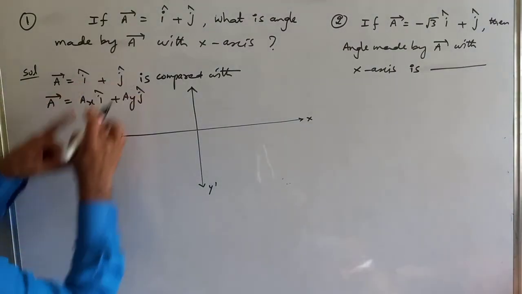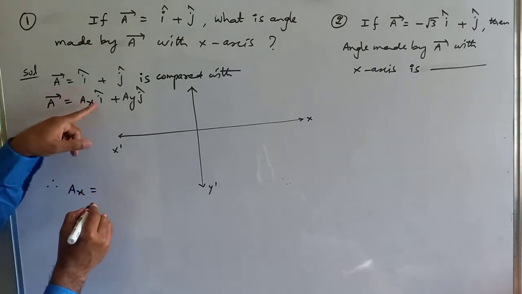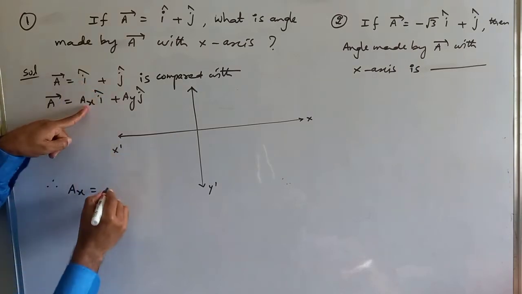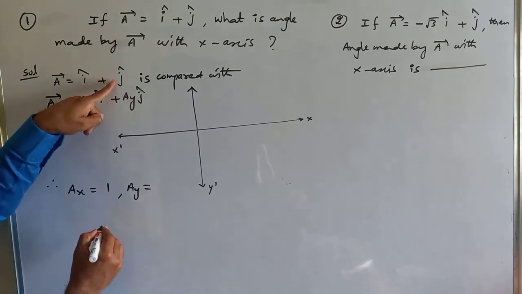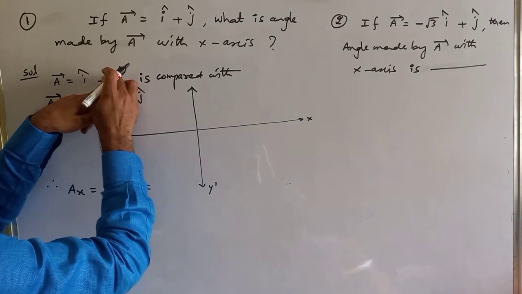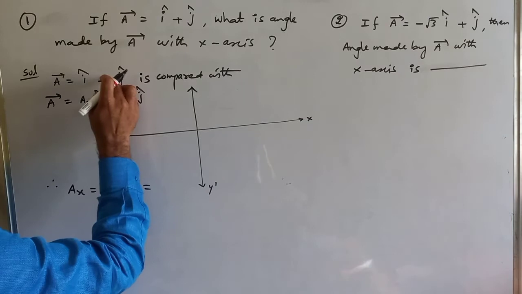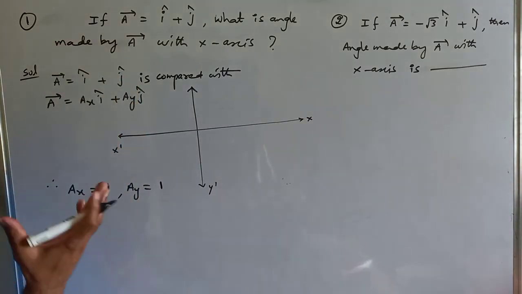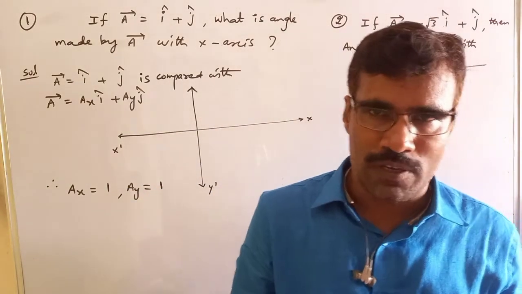Comparing with i cap plus j cap, what is Ax? Ax means i cap is nothing but 1 i cap, so Ax is 1. Ay is the coefficient of j cap, which is also 1. So Ax is equal to 1, Ay is equal to 1. The x component is positive, the y component is positive.